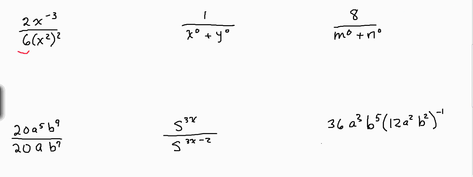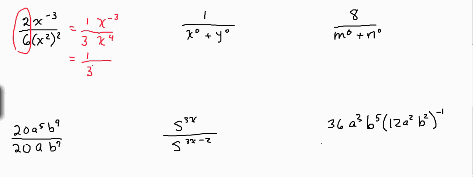Here I have my coefficients, which simplify to 1 over 3. And down in my numerator, I'll write my x to the negative 3rd. I've got x, 2 times 2 is 4, and I simplify.